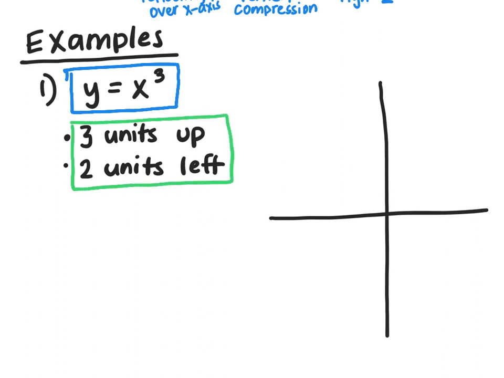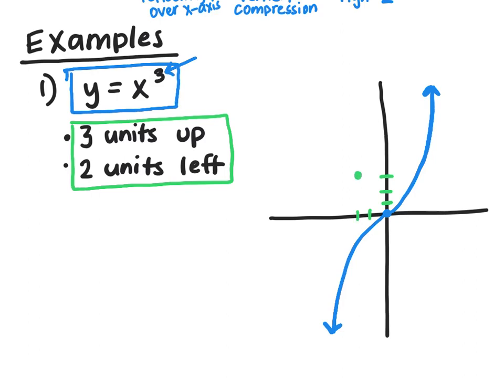So I notice that this is my cubic function because I have a 3 in the exponent. I know that function has a vertex at the origin, and then it's going to go up and then down. So that is my original parent function. If it moved 3 units up, I know that vertex needs to move 3 units up and 2 units to the left. 1, 2.